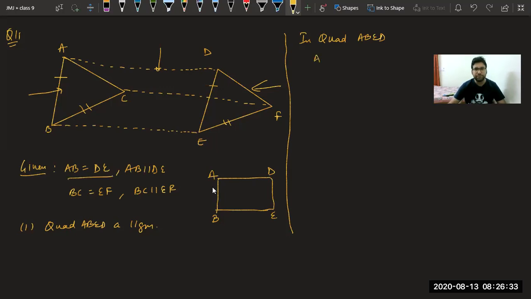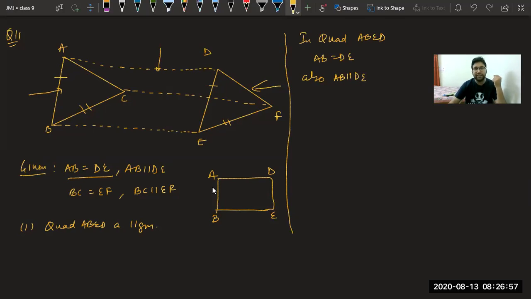We can say given. Apart from this, they are giving us one more thing about them. Also, they are parallel. And I have told you, in a quadrilateral, if you are able to prove one pair of opposite sides equal as well as parallel, you can say that particular quadrilateral is a parallelogram.